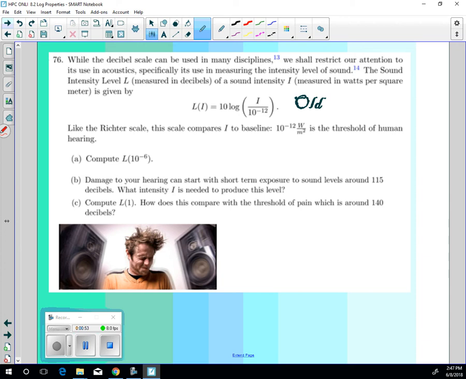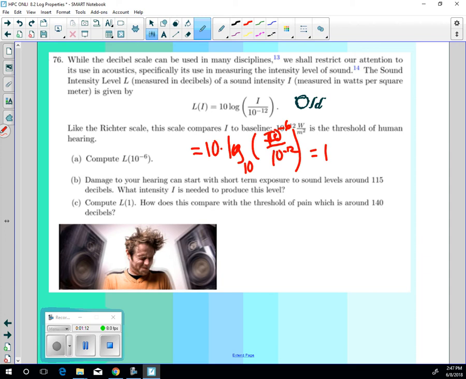But what we're going to do is look at this formula, 10 times log, and when you don't see a base, we say it's base 10, of I over 10 to the negative 12. So we're going to put in a 10 to the negative 6 here.